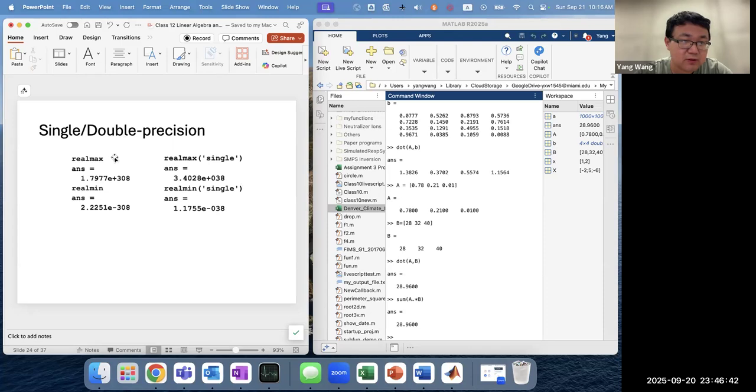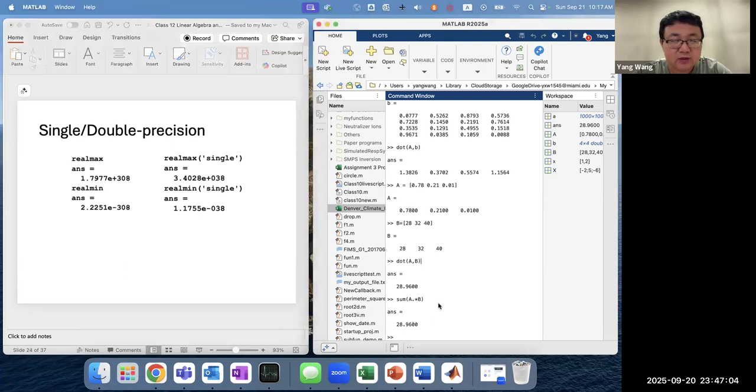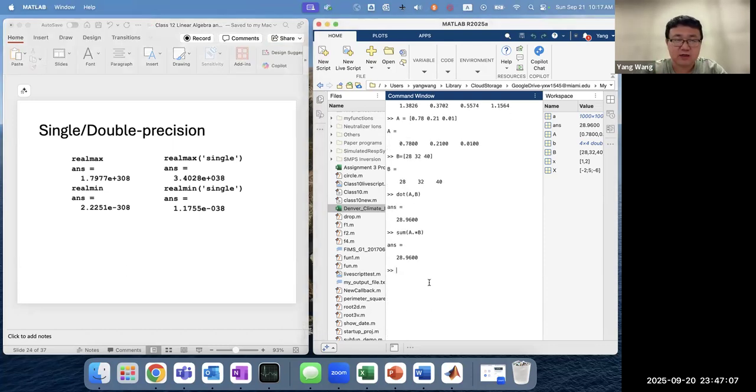But if you use double precision, which is the default precision type in MATLAB, then you can go up to 10 to the power of 308. The same thing, the minimum is 10 to the power of minus 308. So you can see double precision can cover a much wider range of numbers. This also means that if you have a result that is 10 to the power of 400, and A equals this, then A will simply be infinity.